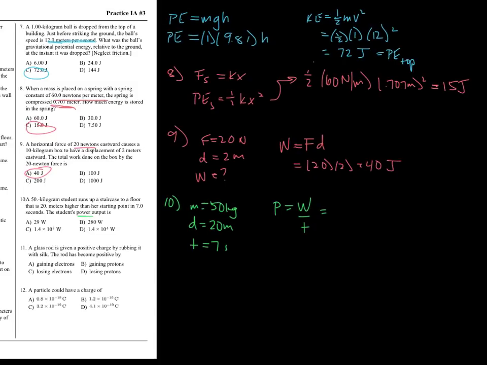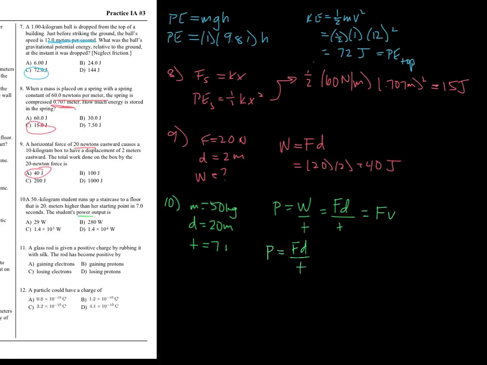Force times, yeah, what just happened? All right. Force times distance over time, or force times velocity. The stylus sucks, sorry, guys. So power is equal to force times distance over time. That's what we're using, because they gave us distance and time, and we need to figure out our force.